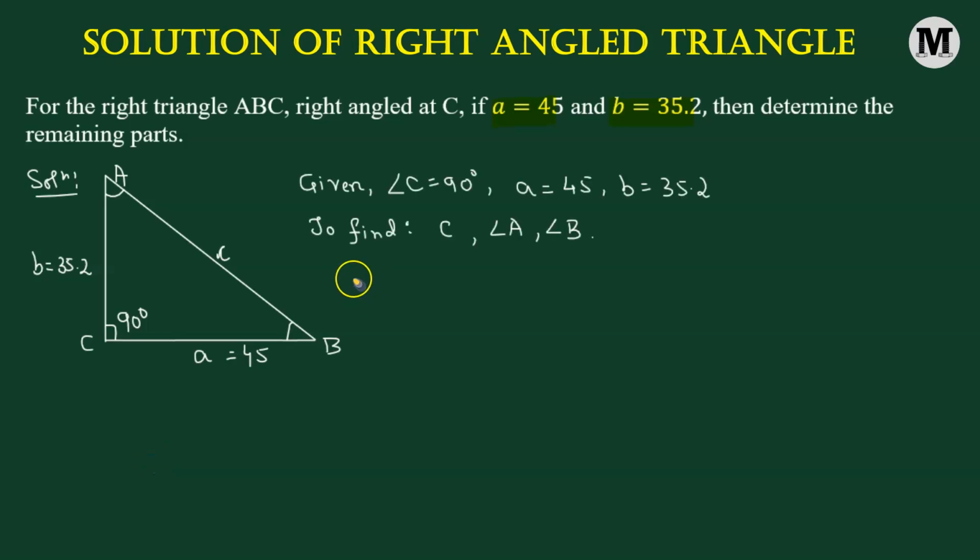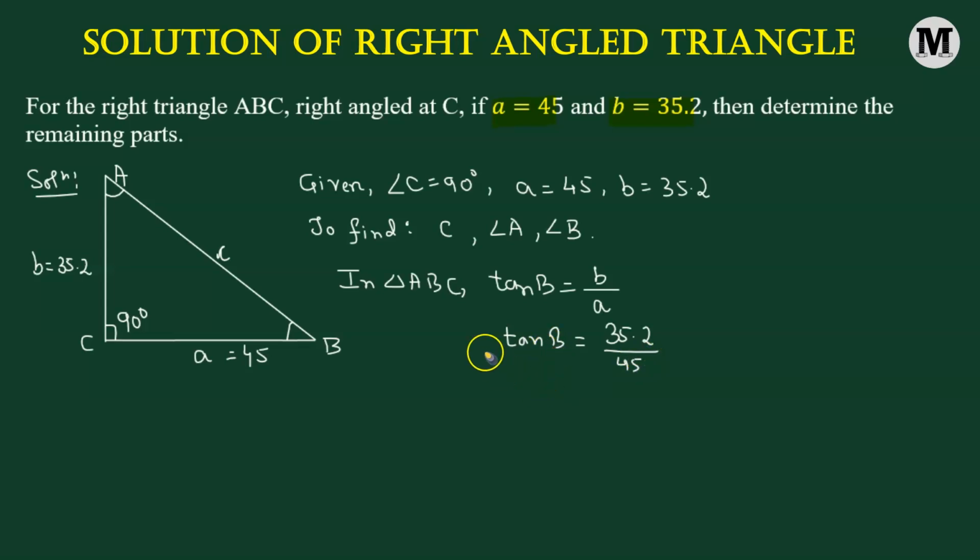To begin with, we're going to consider the triangle ABC. In this triangle, let's consider the tangent of the angle B. Tangent of angle B is defined as the ratio of the opposite to the adjacent. Here the opposite is denoted by b, and the adjacent is a. So tangent of B equals 35.2 divided by 45.